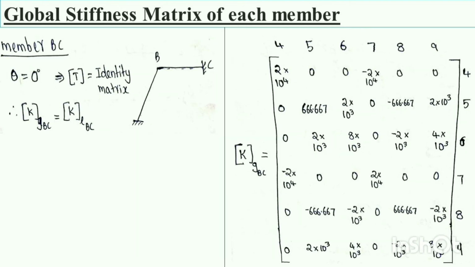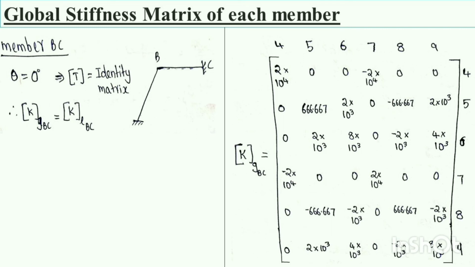Okay. Next, for member BC, here the inclination theta is equal to 0. If theta is 0, then the transformation matrix T will be an identity matrix and KGBC will be equal to KLBC. That is, the global stiffness matrix of BC will be equal to the local stiffness matrix of member BC, which we have already found earlier.